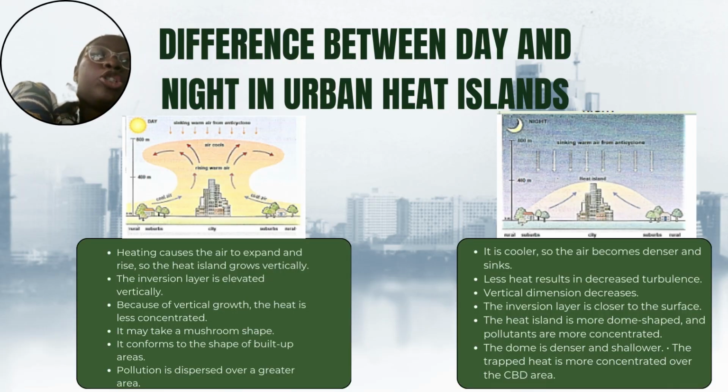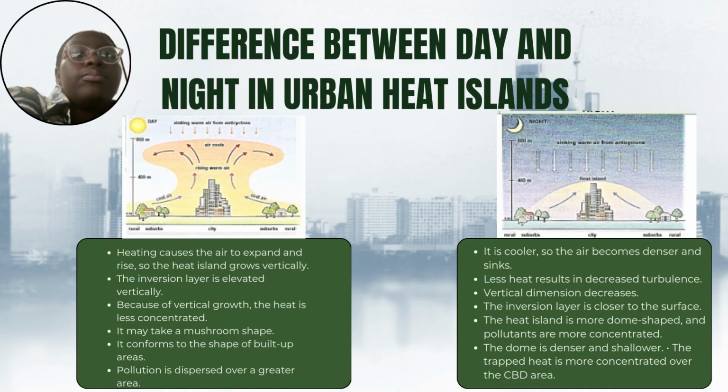We have more of a mushroom shape, which conforms to the built up area. As you can see, if we have a tall building in the center, quote unquote, it will rise up. The shape will also be more upwards, and then pollution is dispersed over a greater area.